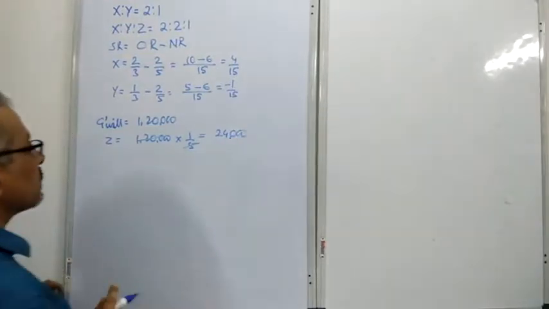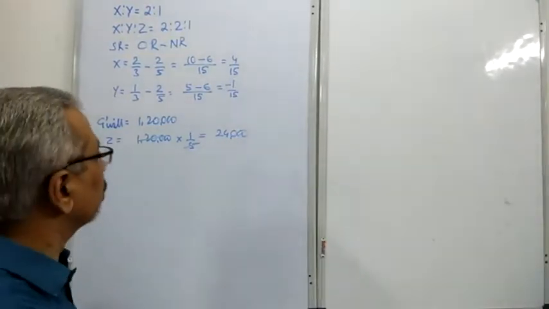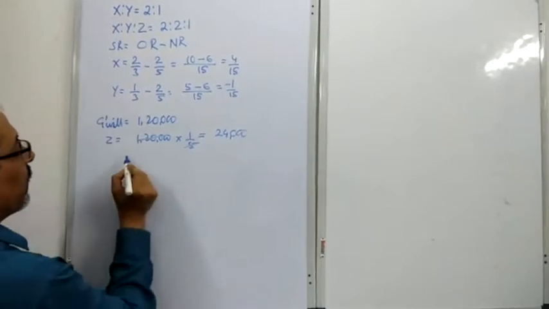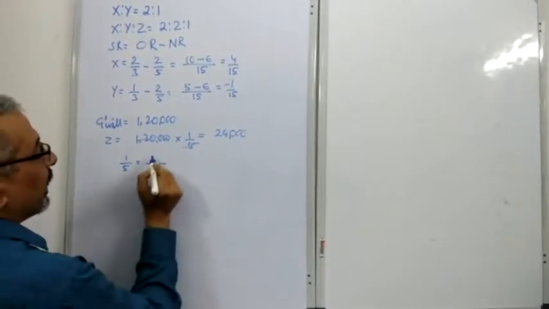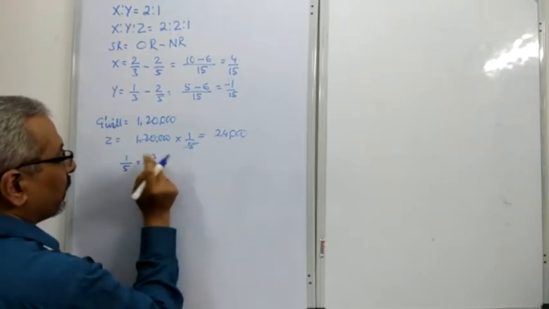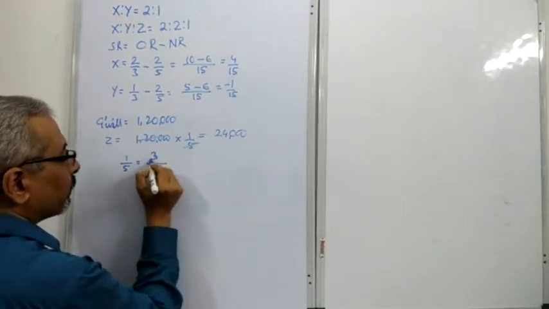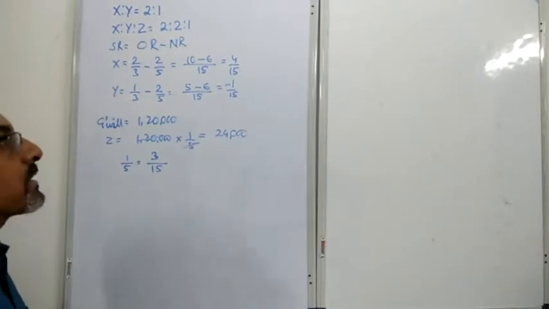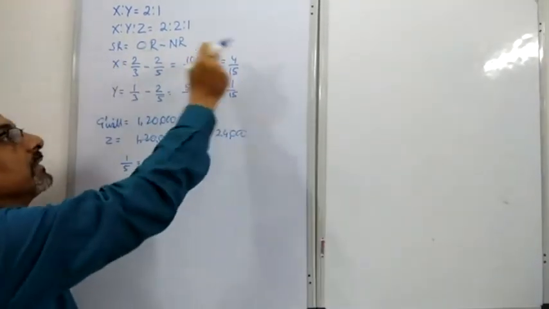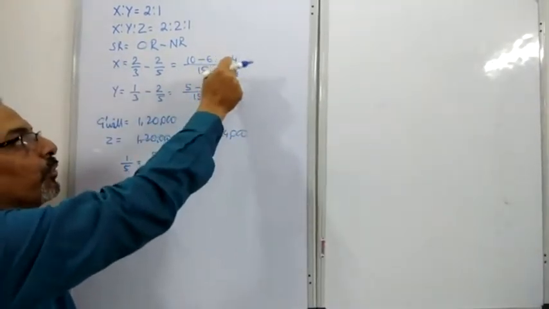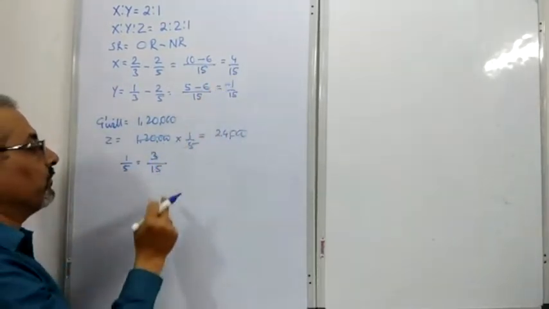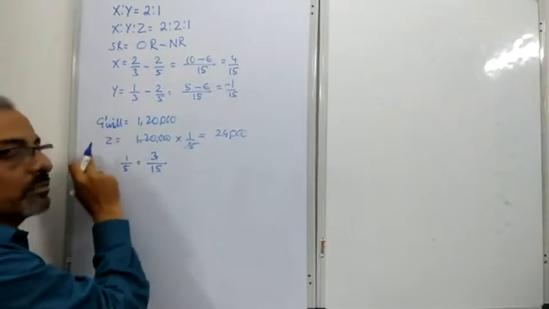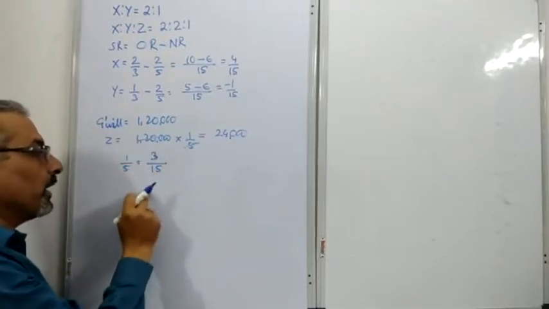Now if Z is supposed to bring in 24,000, and Z's share is 1/5, which can also be written as 3/15. Why did I do this? Please understand this very carefully. X is sacrificing 4 by 15, Y has actually gained 1 by 15, and due to Z's admission, Z has gained 3 by 15.